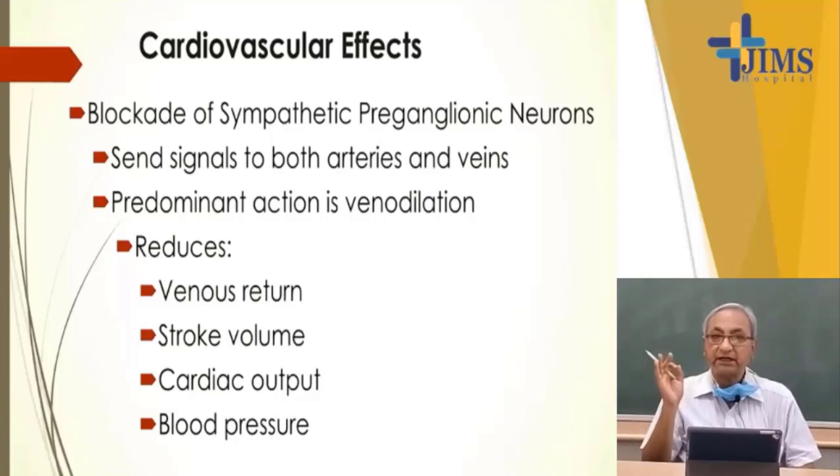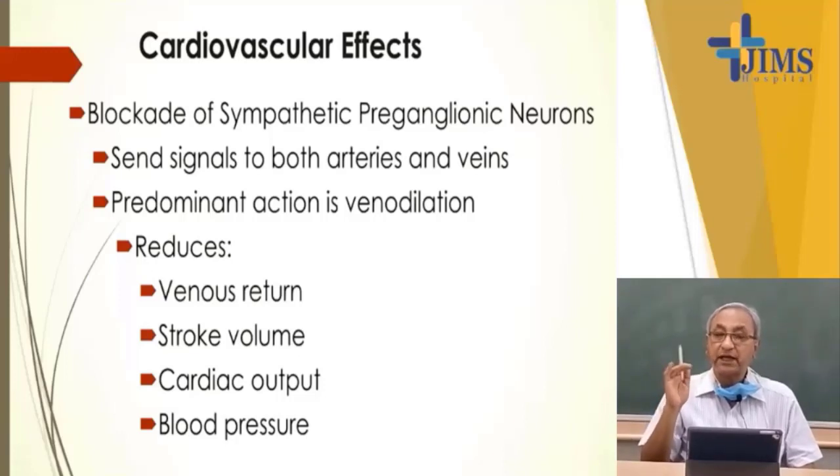Arteries have a thick muscular wall, but veins have a very thin muscular wall. So in arteries, the muscle itself can take care of the constriction or dilatation. But veins, being very thin walled, dilate because of lack of sympathetic stimulation.